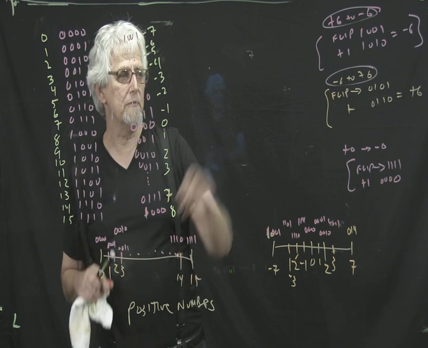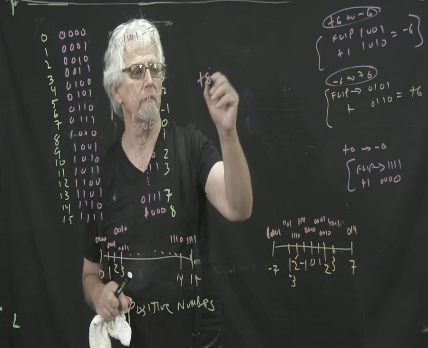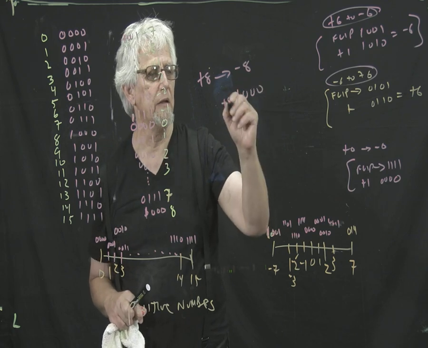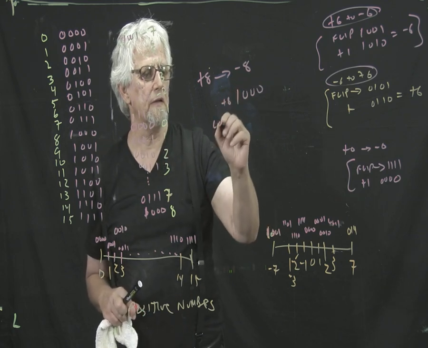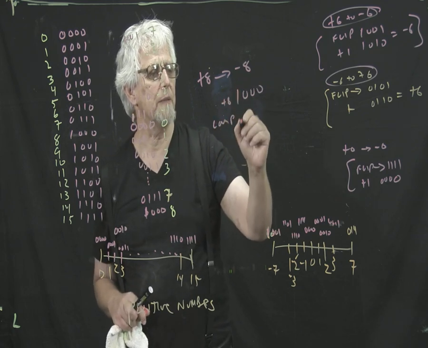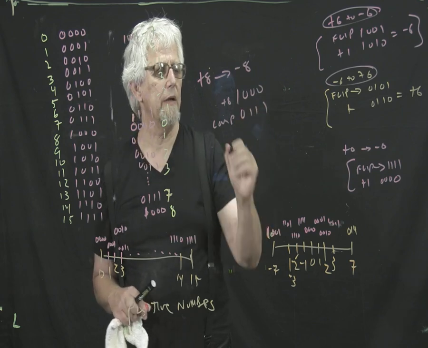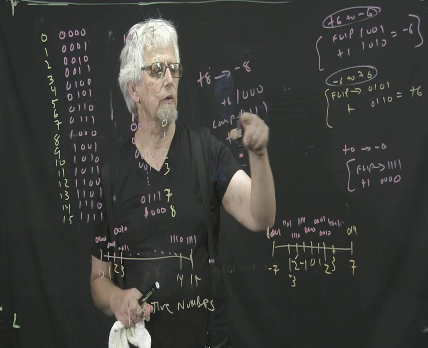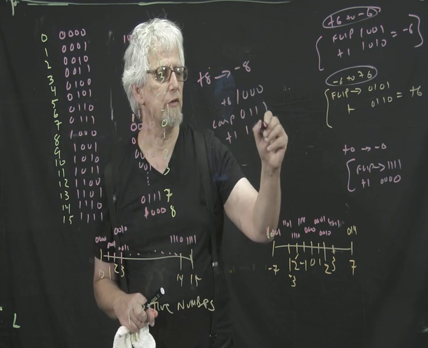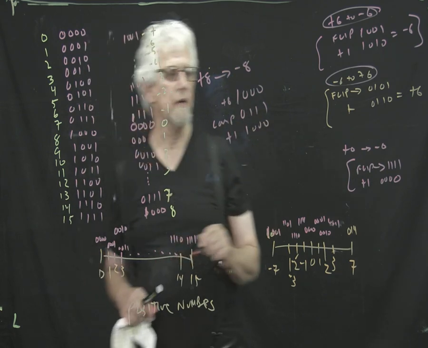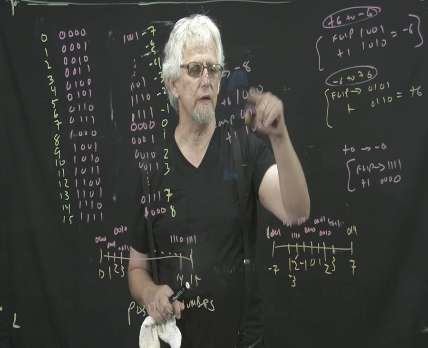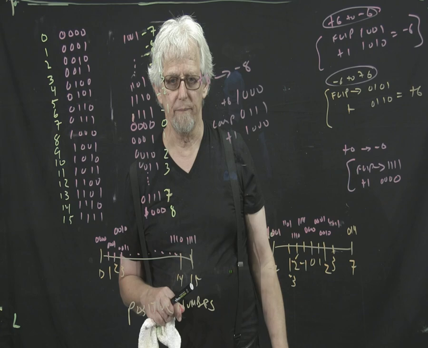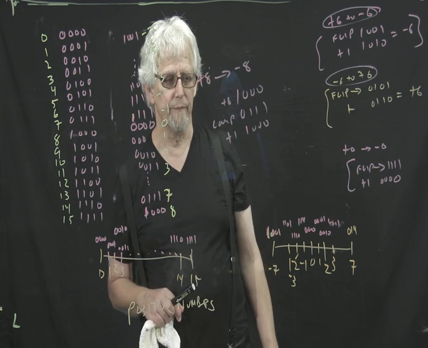Well, let's put 8 in. Okay, let's compute minus 8. We'll complement, flip, 0, 1, 1, 1, plus 1. We add 1 to this, 0, 1, 1, 1, we get 1, 0, 0, 0, right? 1 carry, 1 carry, 1 carry, and then 1, 0, 0, 0.